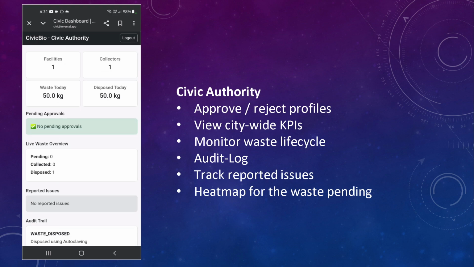Now, if I want to create a new user, there will be a pending approval list showing how many users are pending approval from the Civic Authority. For that, we have to create a new user on the registration page, and after that, refresh the Civic Authority page. Then we approve or reject the user based on the details they have provided.